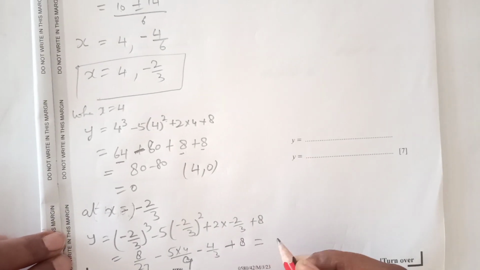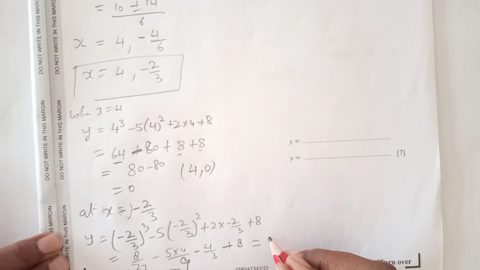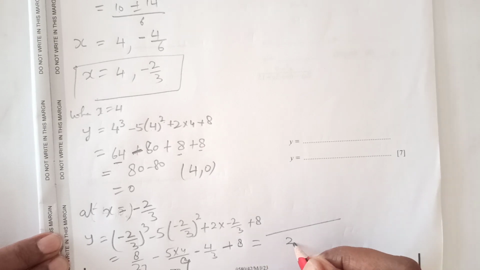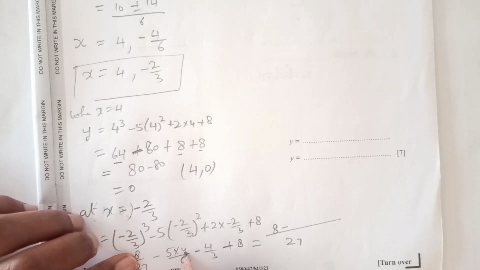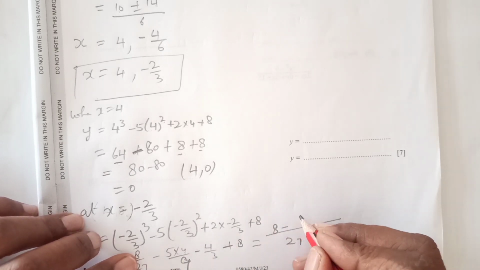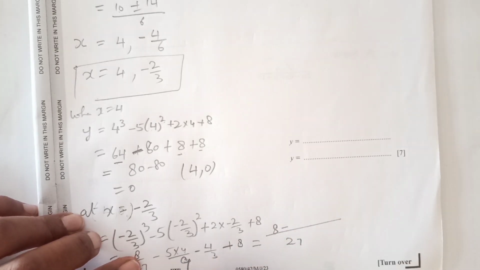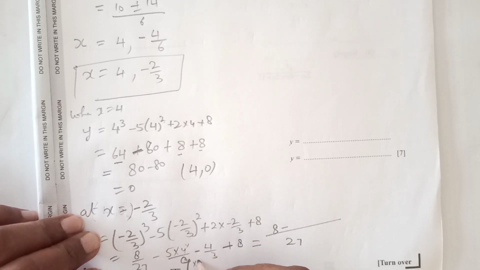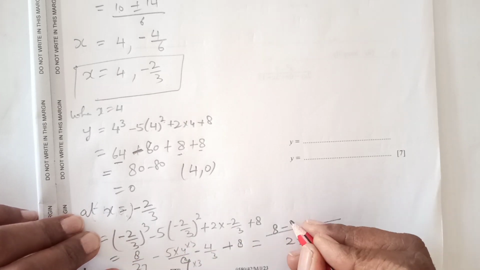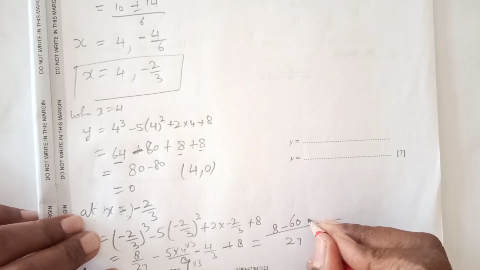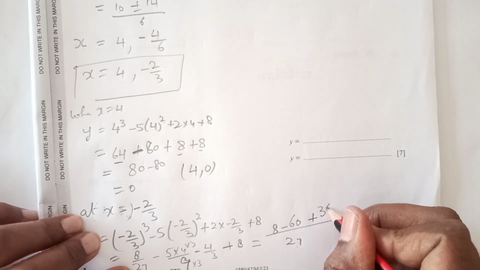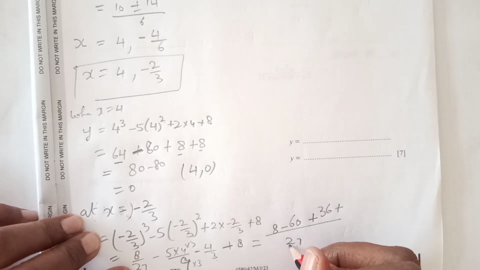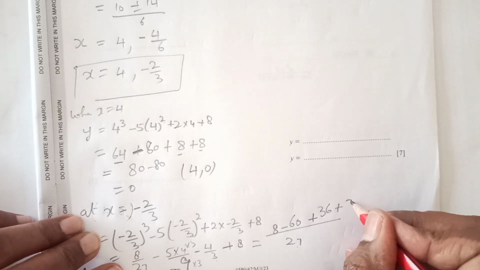So take the LCM, which is 27. This is 8. 5 times 4 is 20, 20 over 9, and let me make it 27, so times 3, it's going to be 60 here, plus 3 times 9, 9 times 4 is 36, plus 8 times 27 is 216.